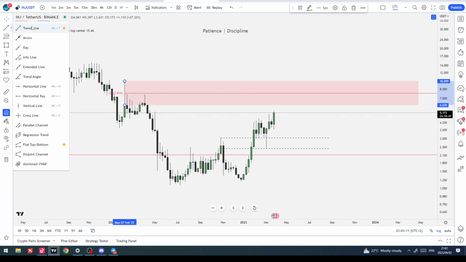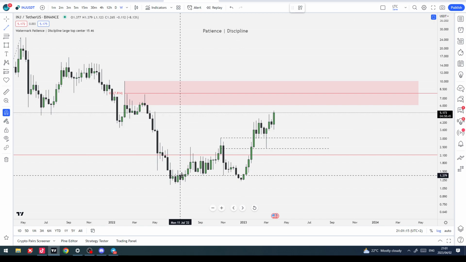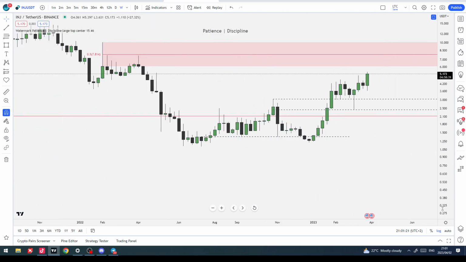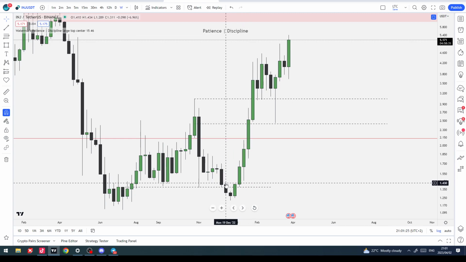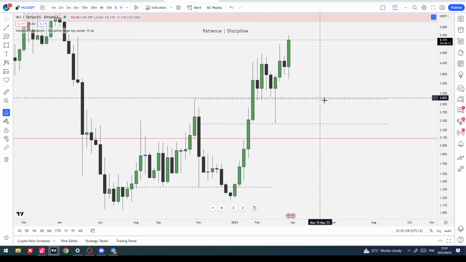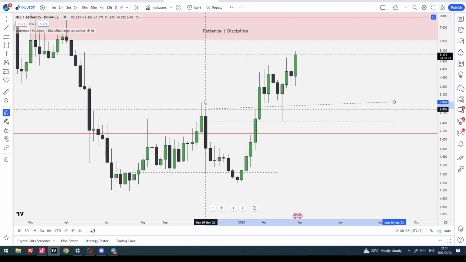So in terms of entries, if this was the order block here, that would have been your entry. The CSD, the change in the state of delivery, occurred somewhere around here, 140, and then you can see the rest is history.